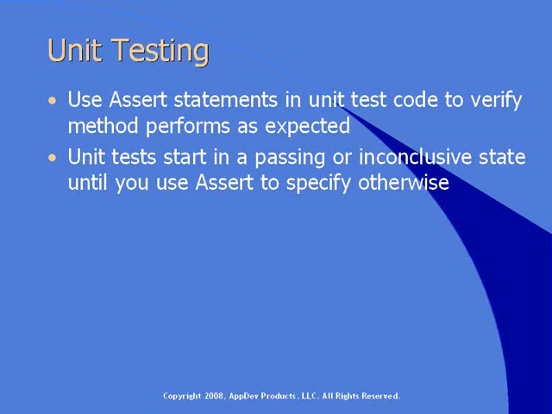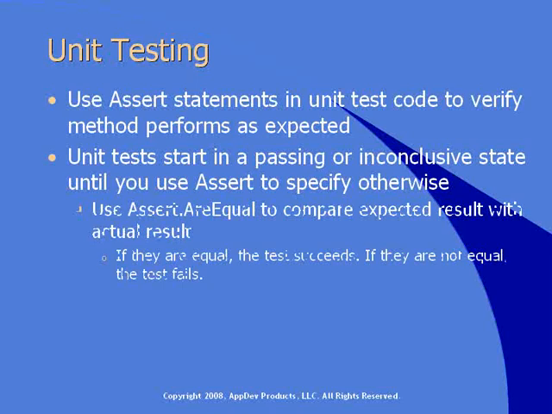And then you're going to use assert statements to compare the expected result with the actual result and report on whether or not the method works. So as an example, you can use Assert.AreEqual and pass into that both the expected result and the actual result. If they're equal, then the test succeeded. So let's say you have a method that returns the total amount ordered for a particular product, and you're going to test it by passing in the product ID 7.